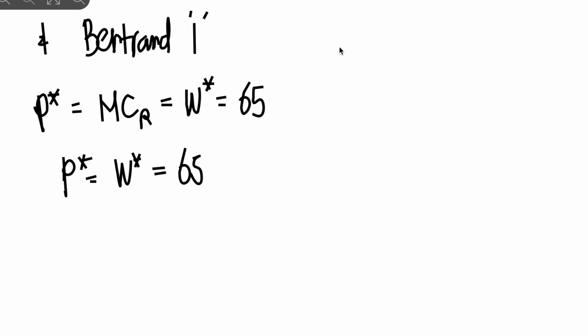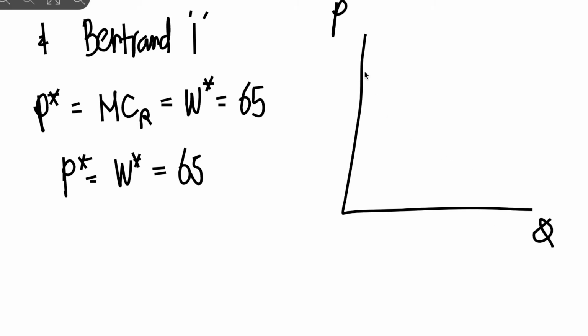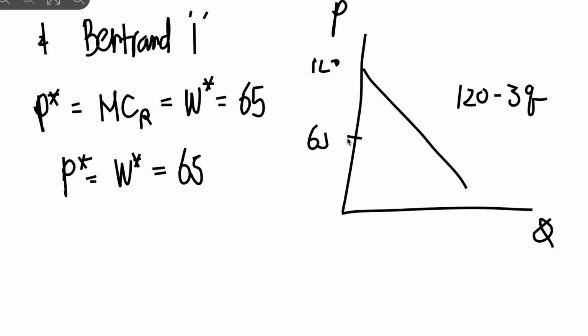If we draw again P and Q, going down with 120 minus 3Q, 120, we have 65 right there, and the quantity 110 over 12 right there, and we have the consumer surplus triangle in that area.